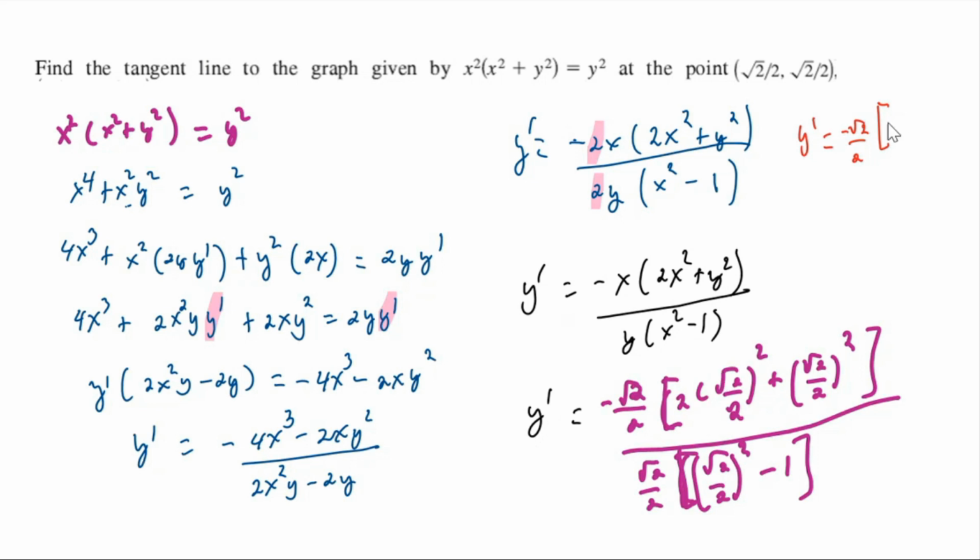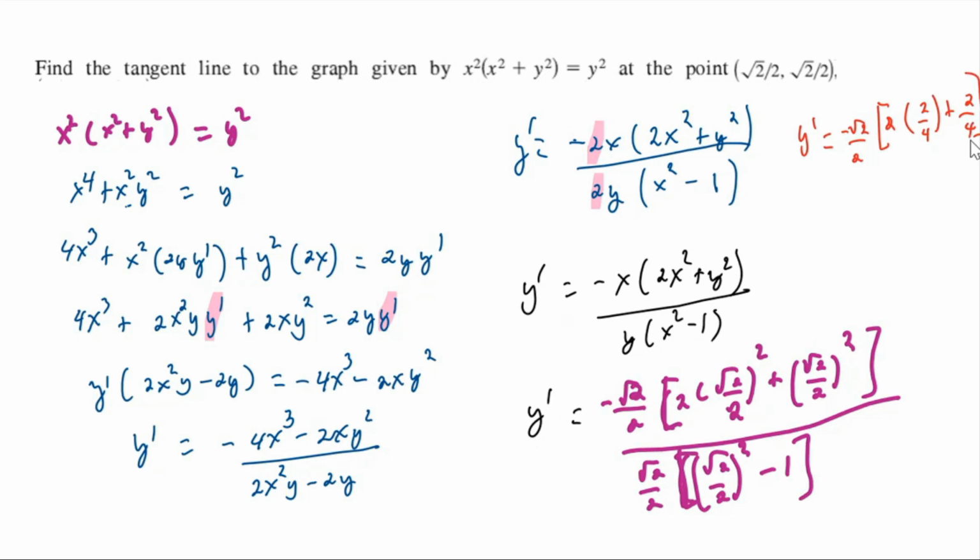But I have 2 here outside first. So we have 2. And then the square of the square root of 2 over 2 will be equal to 2 over 4 plus the same. The numerator will just give us 2 and the denominator will give us 4.